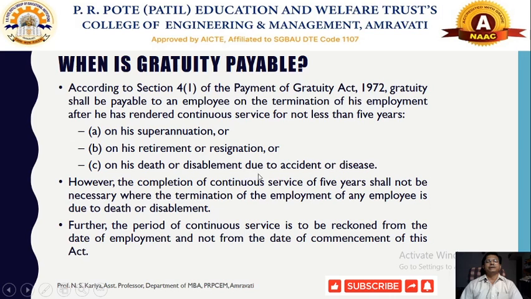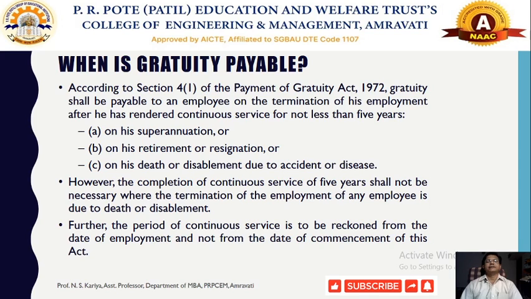So if any of the employees died due to disablement, accident or diseases, there will be no condition of continuous service of 5 years, and the employee will be benefited over here.